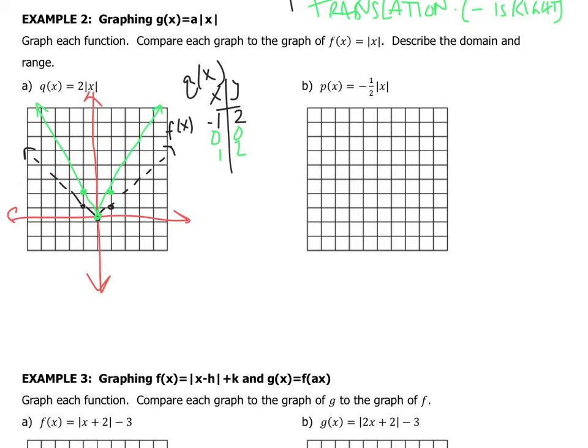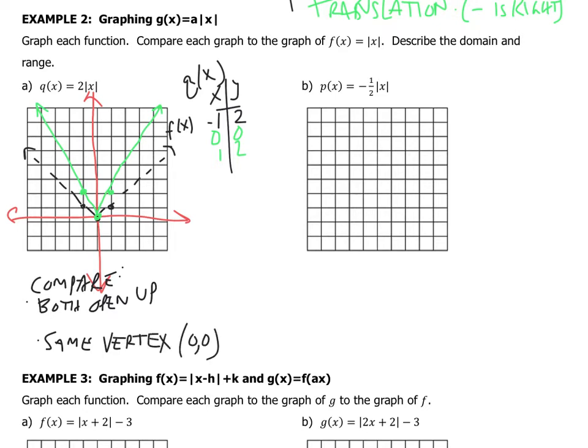But a couple of things that we want to notice here when we start saying comparison. So both open up. We have the same vertex. Okay, so there is no horizontal translation and there is no vertical translation.